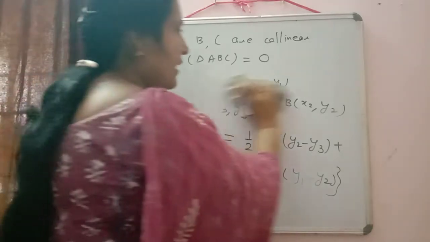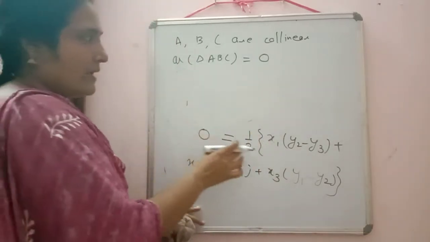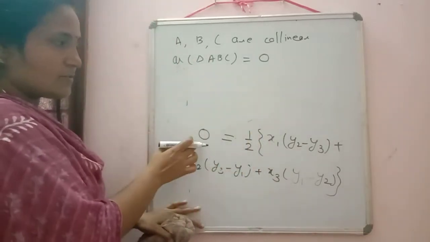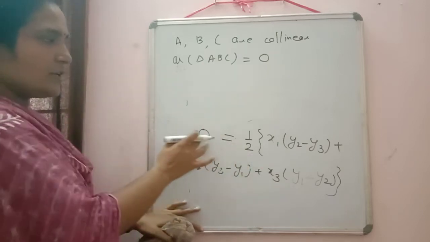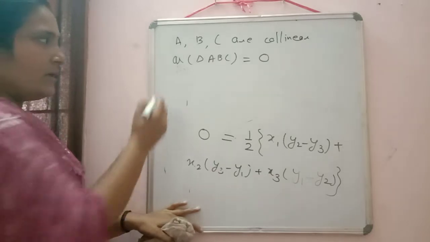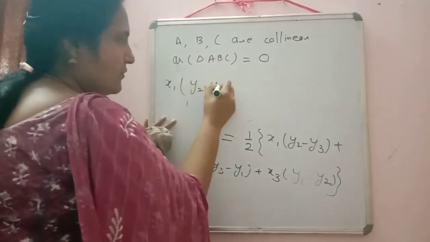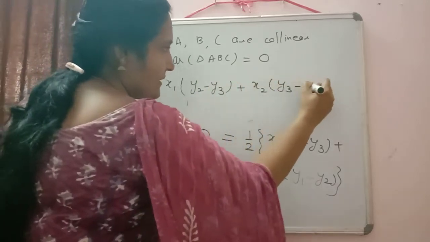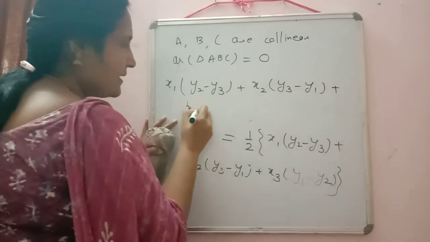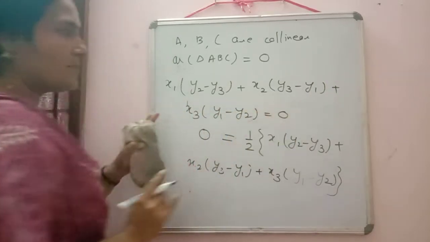So if 3 points are collinear, the area of the triangle is equal to 0, and the formula can be rewritten as x1 into y2 minus y3 plus x2 into y3 minus y1 plus x3 into y1 minus y2 is equal to 0.